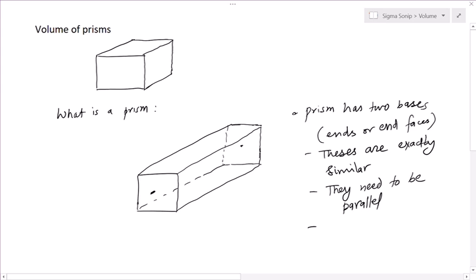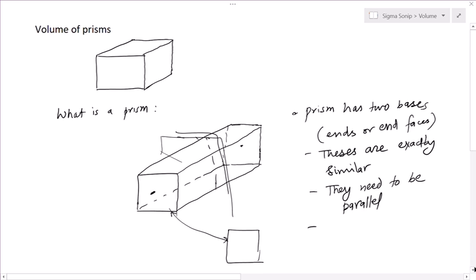And one property of a prism is that if I cut my prism here, anywhere in the middle, the face that I get will be exactly similar to the end faces. Even if I cut at this point, I'll get a new face here, and that face would be similar to the end faces.